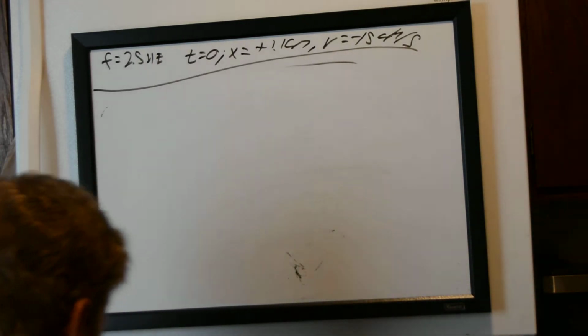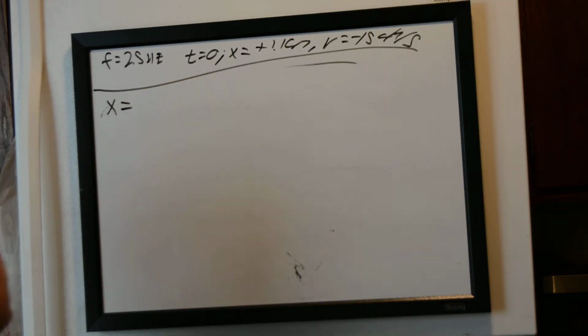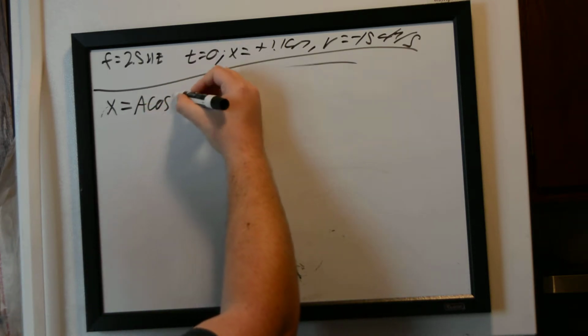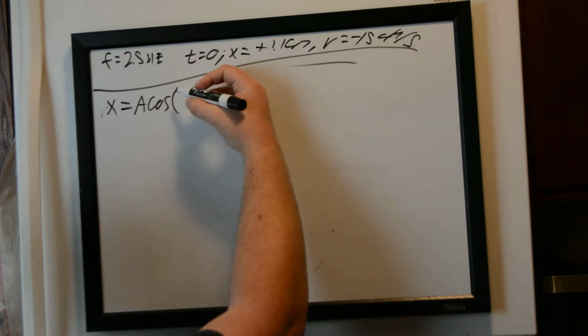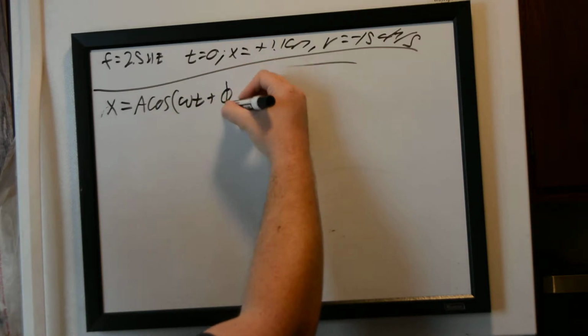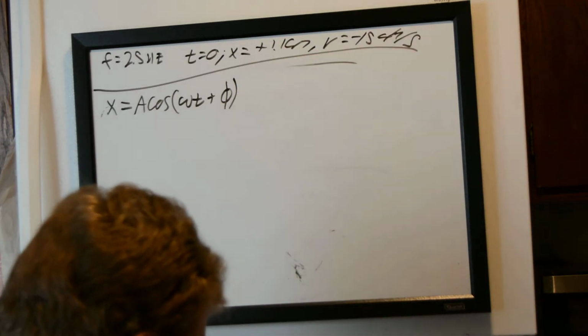So we know that the standard form for position in simple harmonic motion is our amplitude times the cosine of our angular velocity times our time plus phi. And we'll get into phi here in a second.